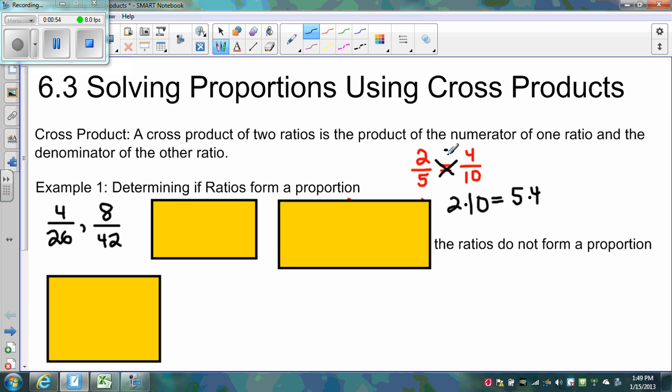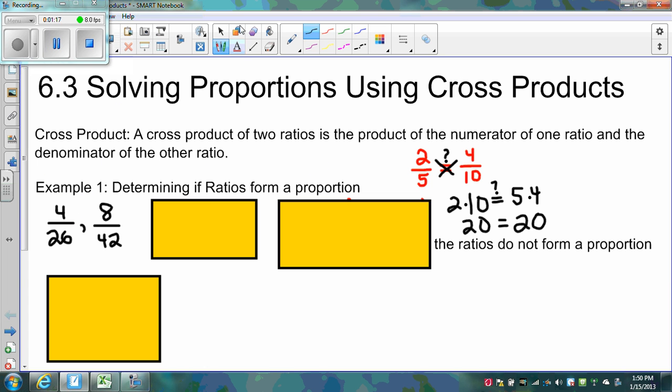And if we weren't sure if this was true, we would then solve it. So we get 20 equals 20. So these are similar fractions, or they're ratios that are equivalent.